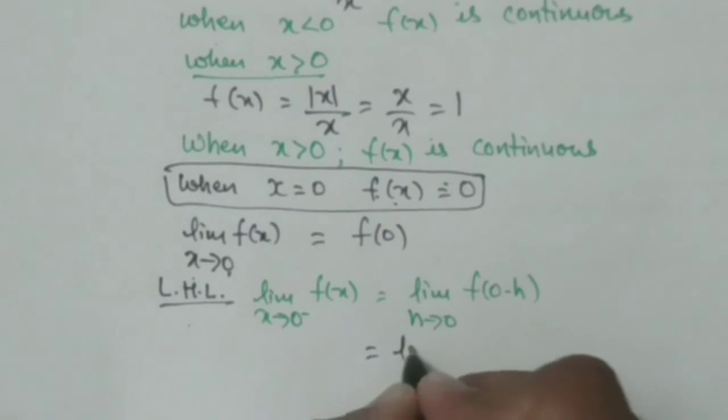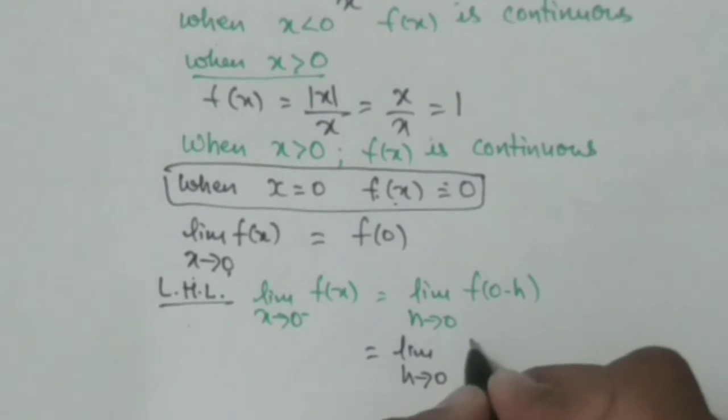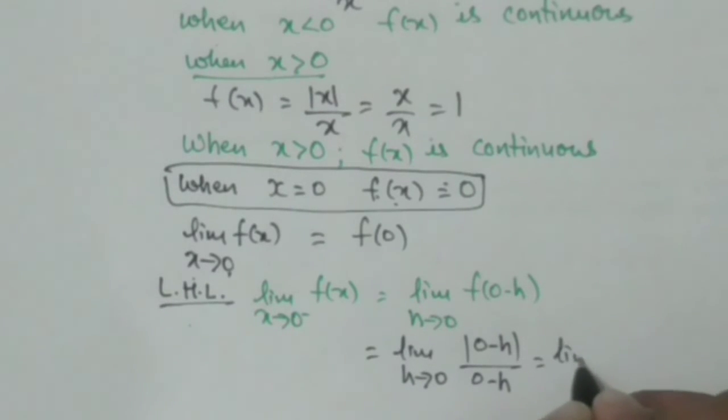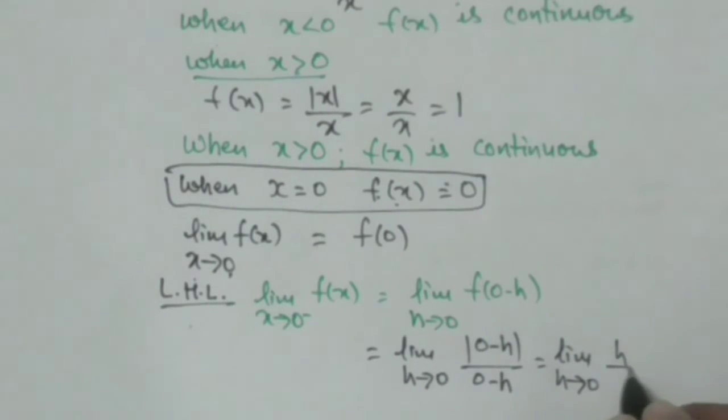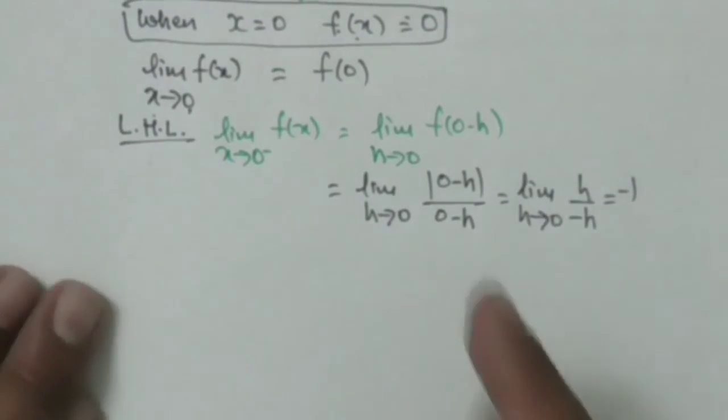It is equal to mod of 0 minus h upon 0 minus h, and it will be equal to limit h tends to 0 h upon minus h is equal to minus 1. So left hand limit is equal to minus 1.